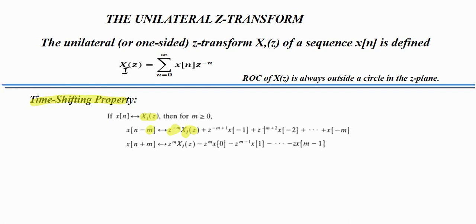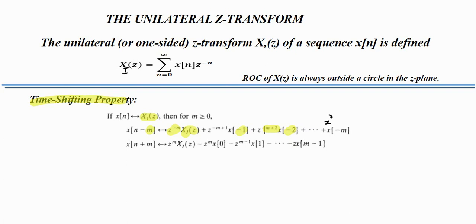So this factor is almost similar to your bilateral z transform, but there is another term, which is z raised to minus m plus 1 into x of minus 1, plus z raised to minus m plus 2 into x of minus 2. Similarly, we will evaluate up to z raised to 0, when it comes to 0, and the x of minus 1.